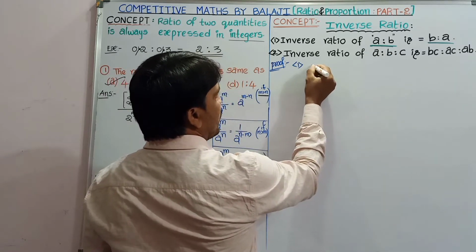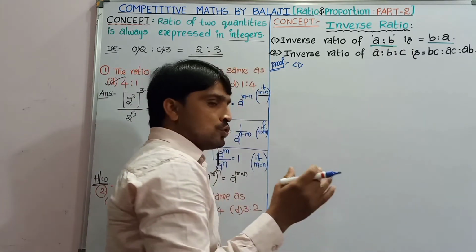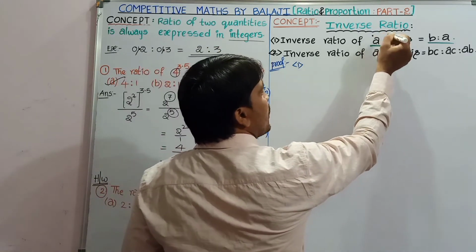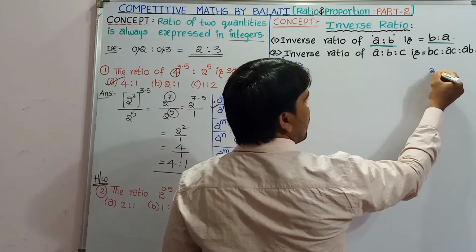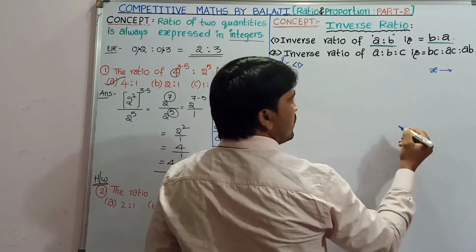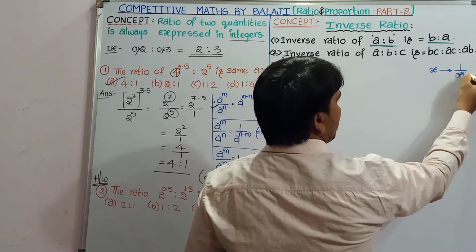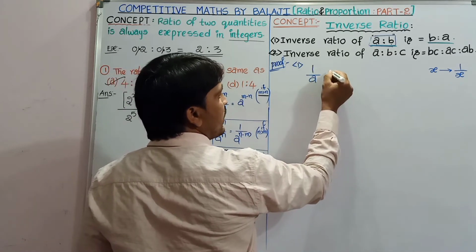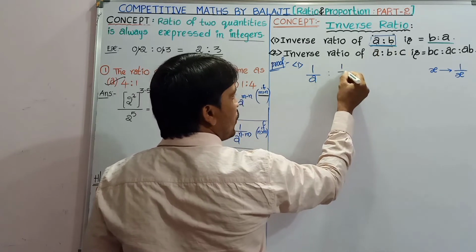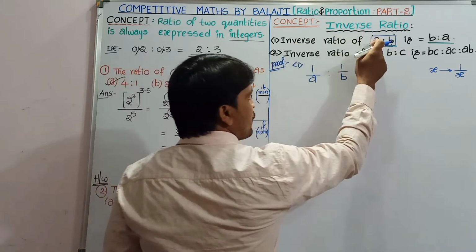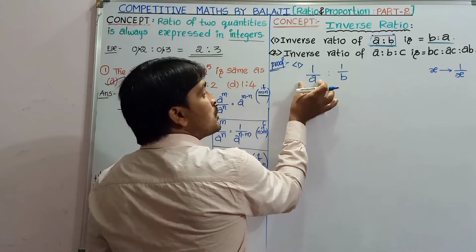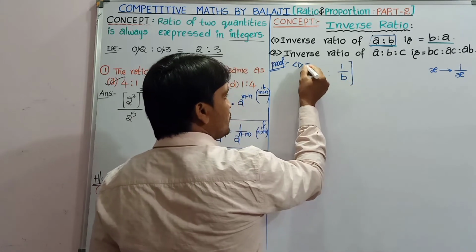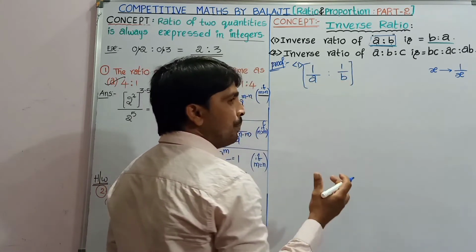Inverse ratio of A and B. To get the inverse ratio of A and B, we have to write the reciprocal of each term of the ratio. What is the reciprocal? If we are given an integer x, then its reciprocal is 1 by x, that is, the multiplicative inverse. In the same way, the reciprocal of A is 1 by A is to the reciprocal of B, 1 by B. This can be written in simplified form, so we have denominators A and B, and we have to merge this ratio.